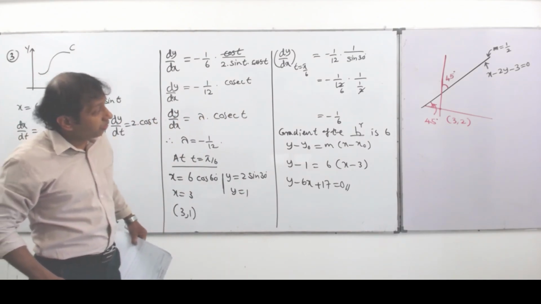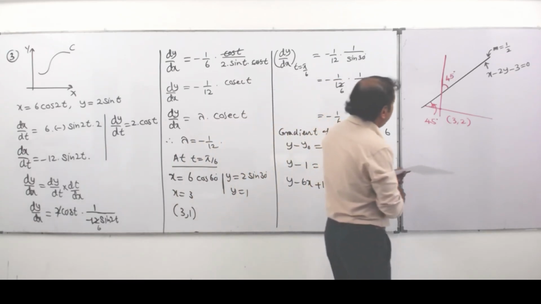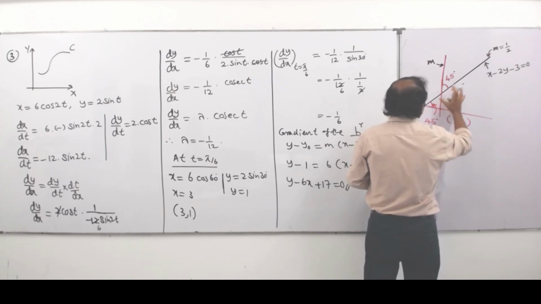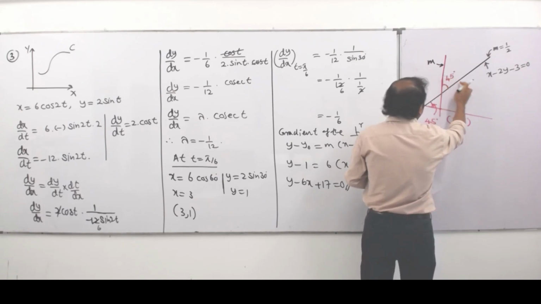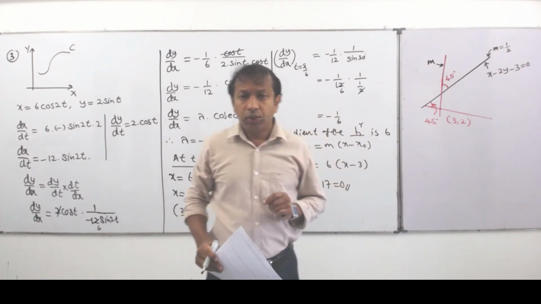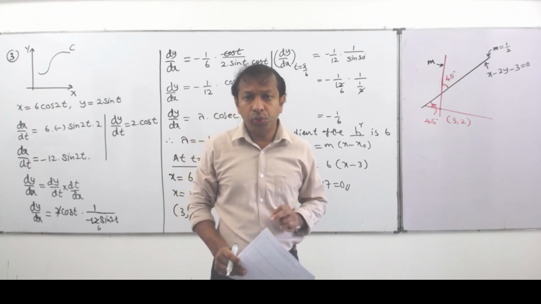Okay, now we need to find the gradient of these red lines. I'll take the gradient of one line here as m. Then between this red line and the black line, the angle is 45. You know the formula, the tan of the acute angle between two lines.